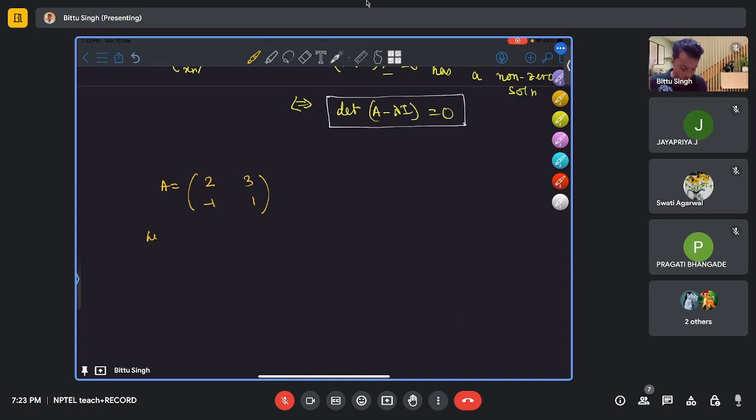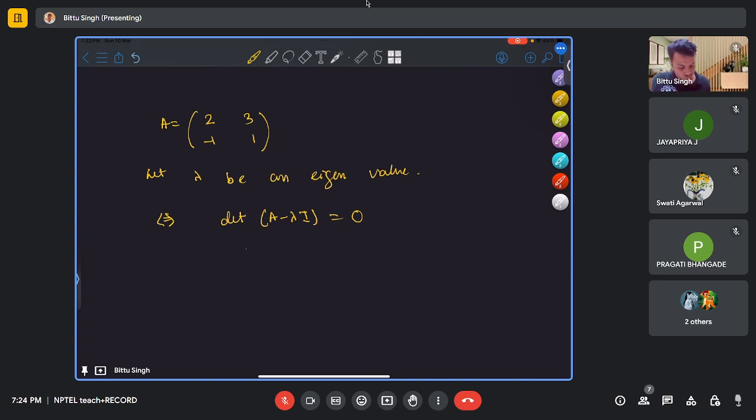So let lambda be an eigenvalue. Then we need to check when the determinant of A minus lambda I equals 0. Now, what is A minus lambda I?